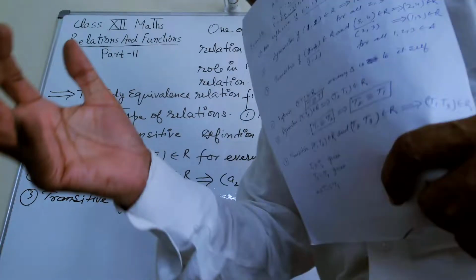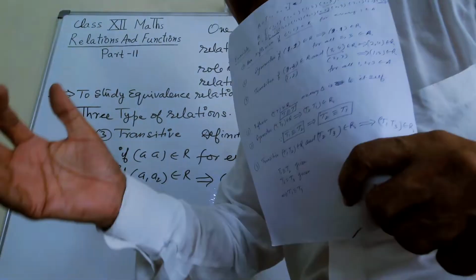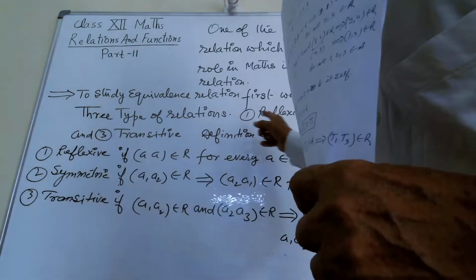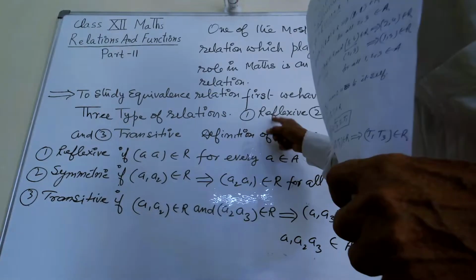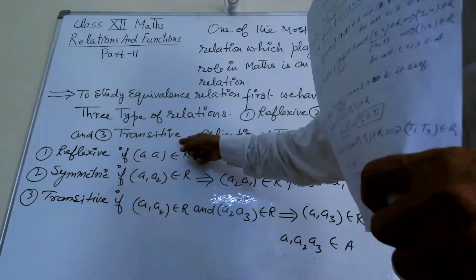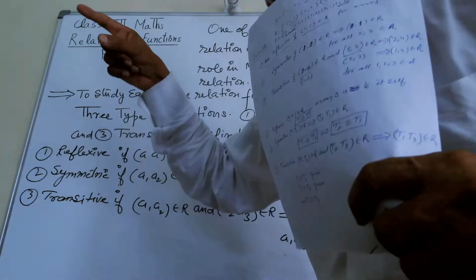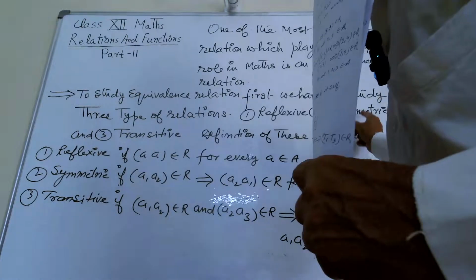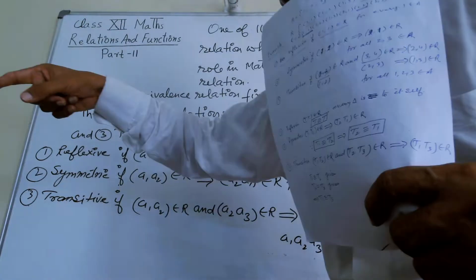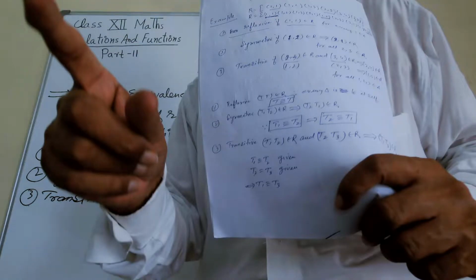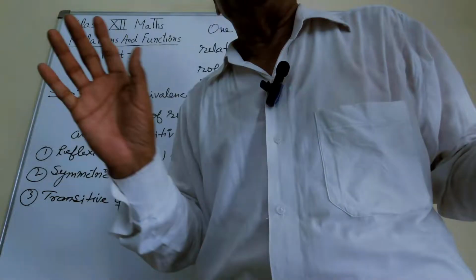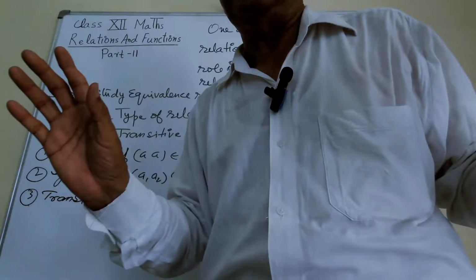Take any relation, and if these three relations are proved in that relation, found means proved, then that relation will be an equivalence relation. This is the most important topic to understand.